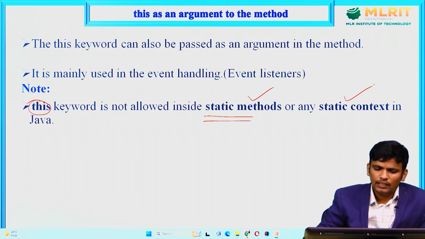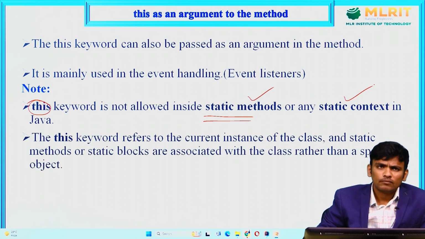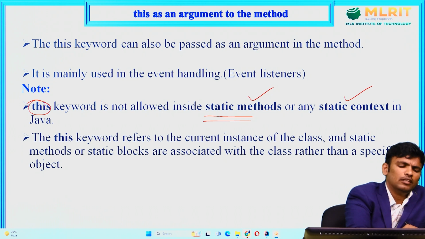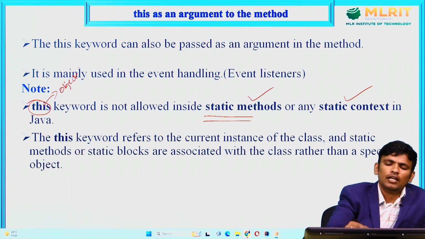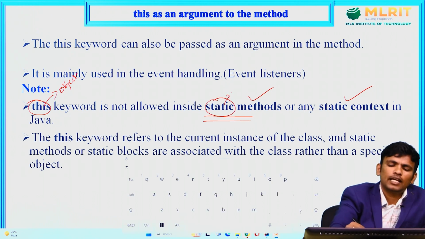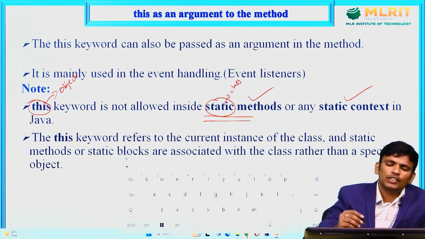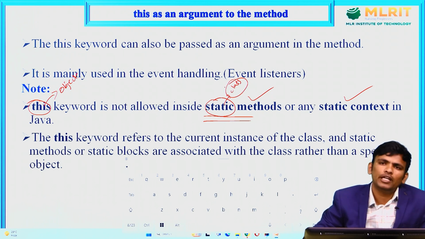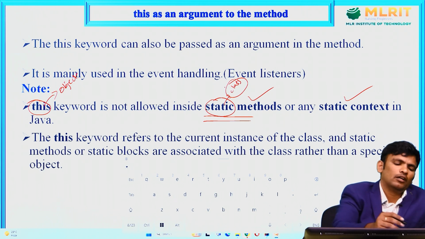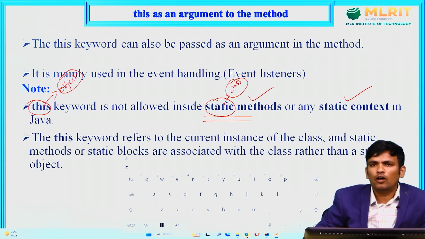The reason here is that this keyword is always associated with an object, and static members are always associated with a class. As we know, all static members will be loaded while the dot class file is loading into the physical memory, and objects are created after loading of the dot class file.